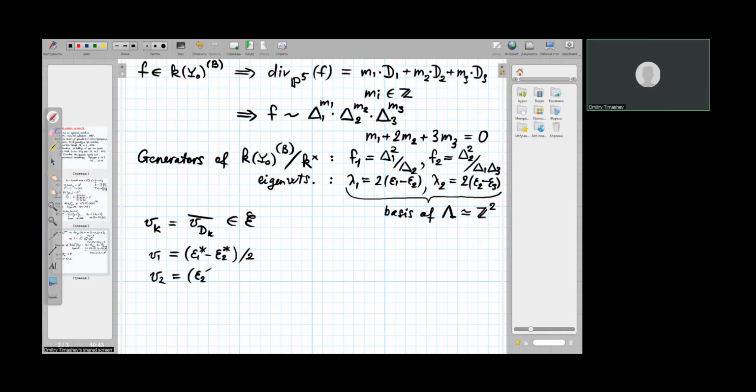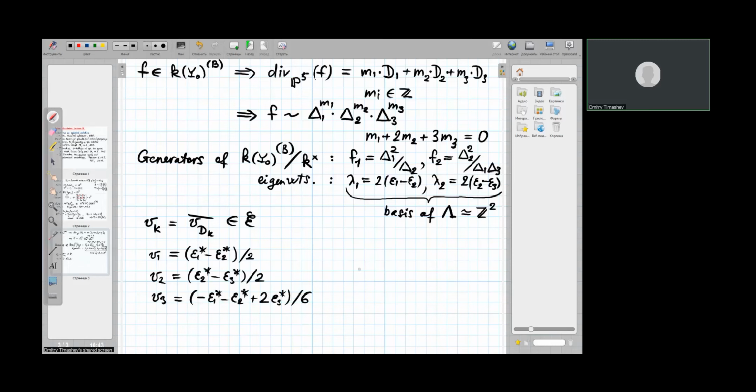V2 is epsilon 2 star minus epsilon 3 star over 2, and V3 is minus epsilon 1 star minus epsilon 2 star plus 2 times epsilon 3 star over 6.